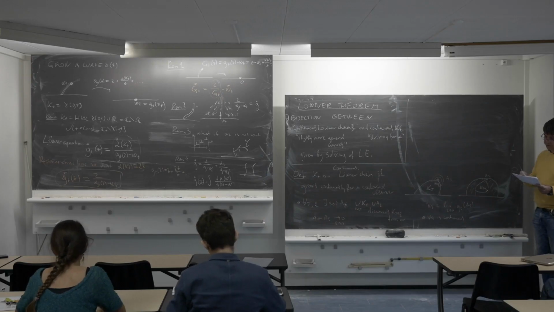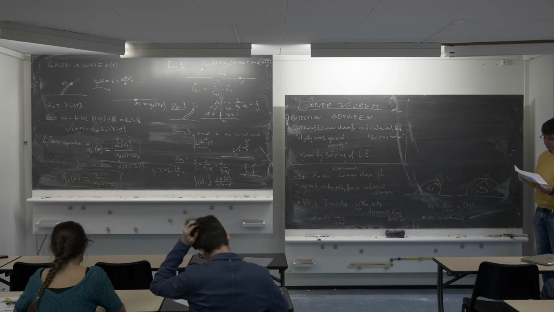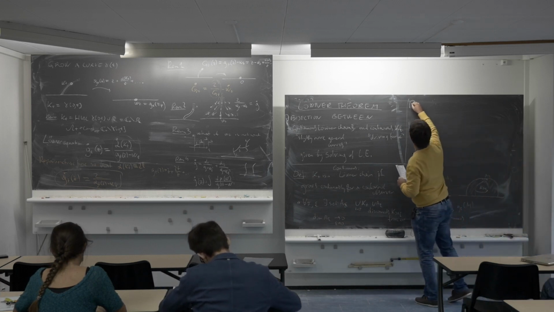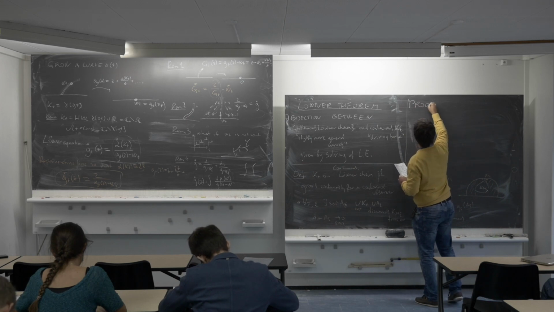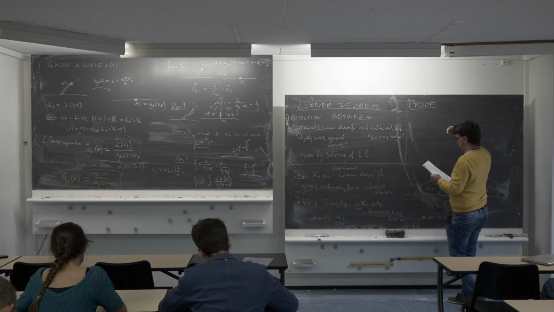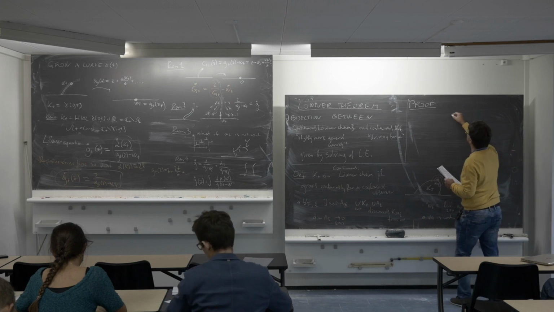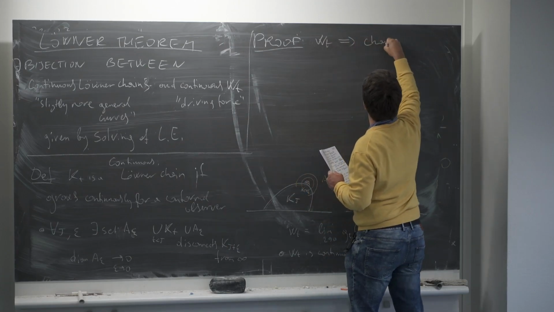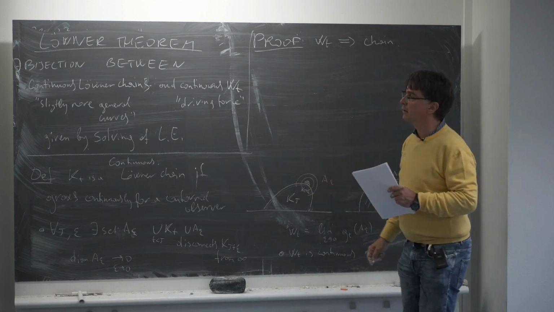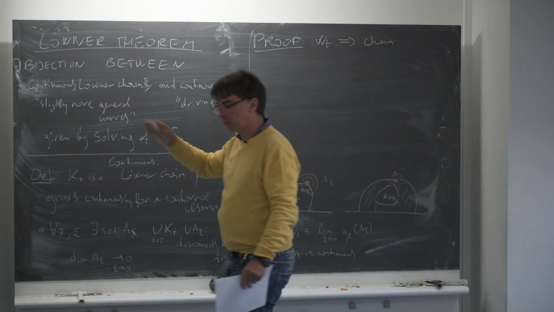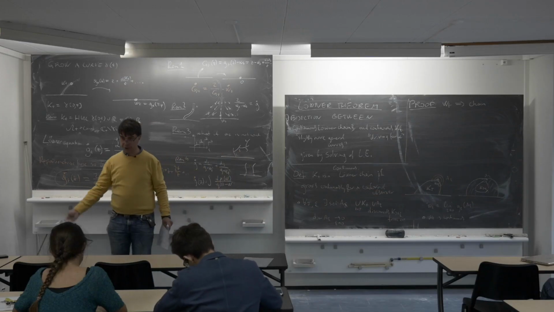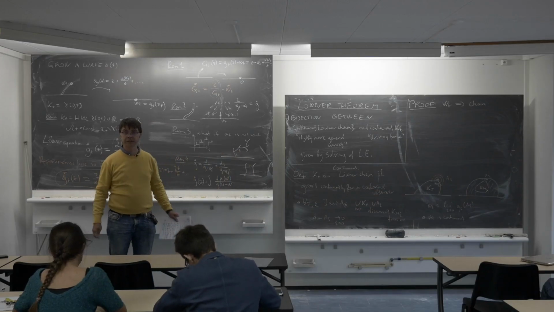So let me just prove this theorem. It's not a very difficult proof. Let's first go from W_t to a chain. I give you a continuous driving force, and I ask you to solve the equation and get me the compact set.